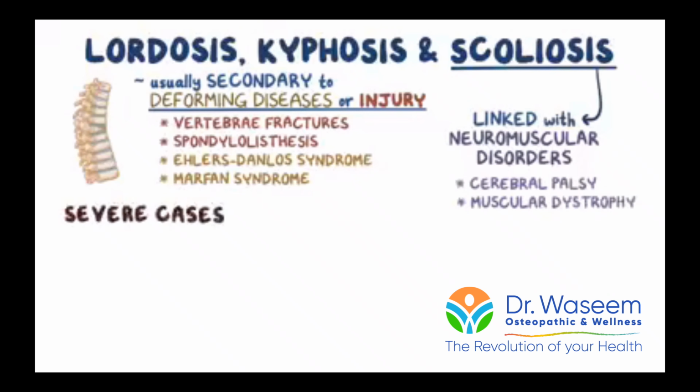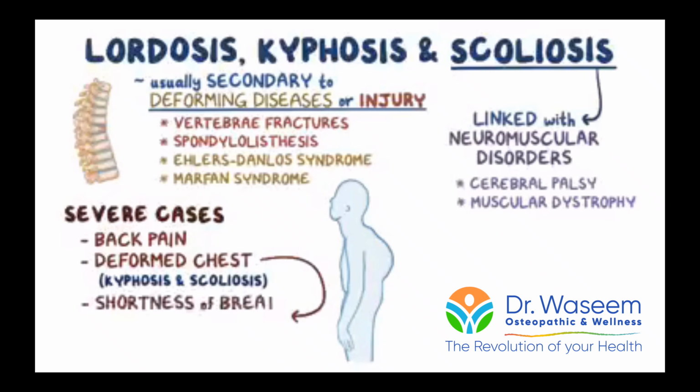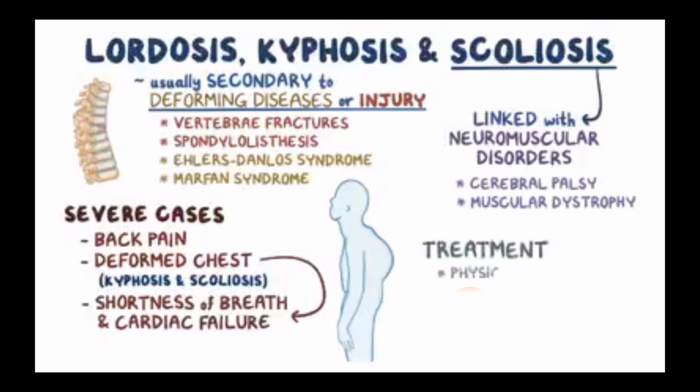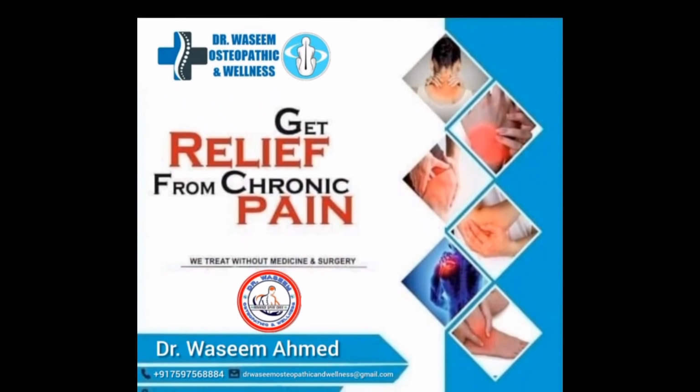In severe cases, lordosis, kyphosis, and scoliosis can cause back pain. And kyphosis and scoliosis may deform the chest, resulting in shortness of breath and cardiac failure. Treatment usually involves physical exercises, braces, and pain medication, or surgery in severe cases.